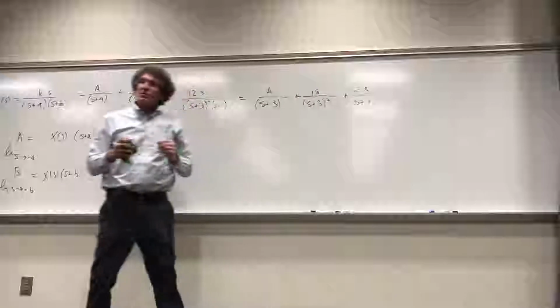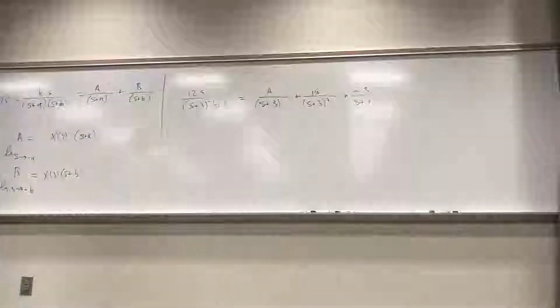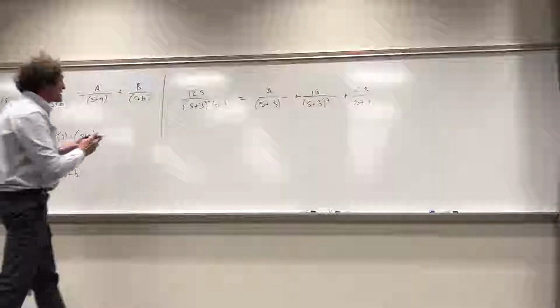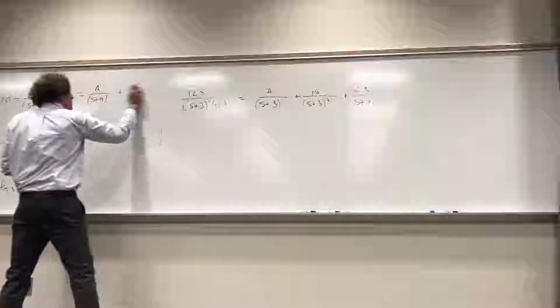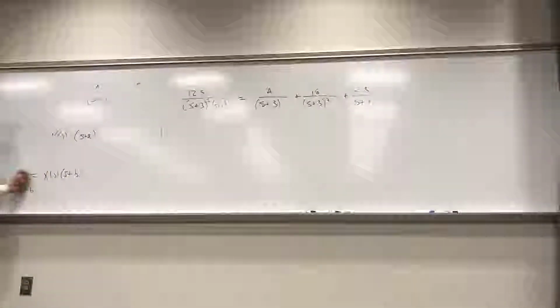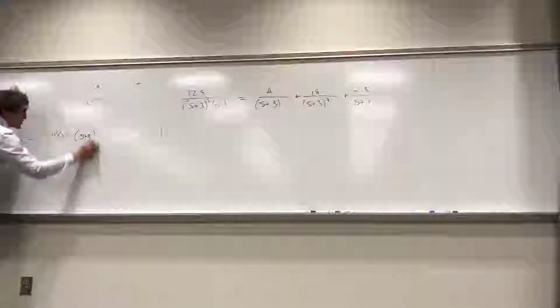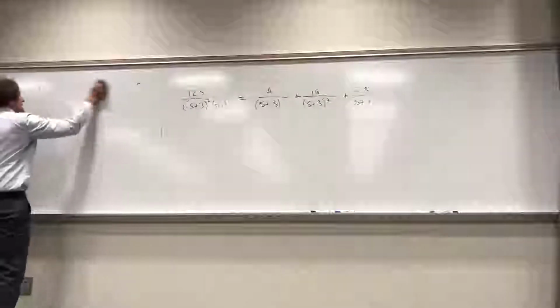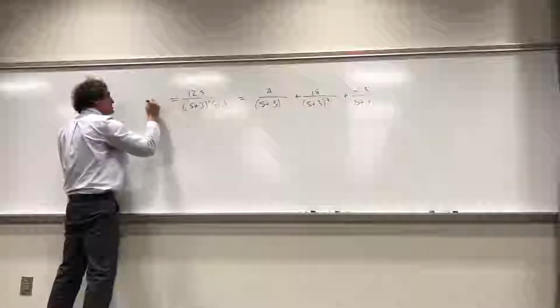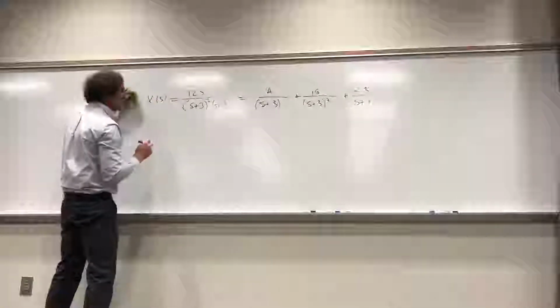Now, to get the first one, a, there's 2 ways of doing it. I'm going to show you both. The way that's normally taught is that you take this function that I've shown there. I'll write it down and show you why it works. This is called x of s. We're trying to get the inverse transform.